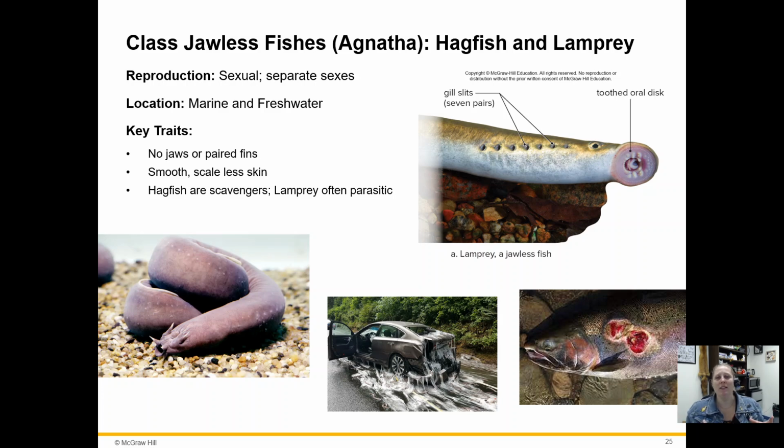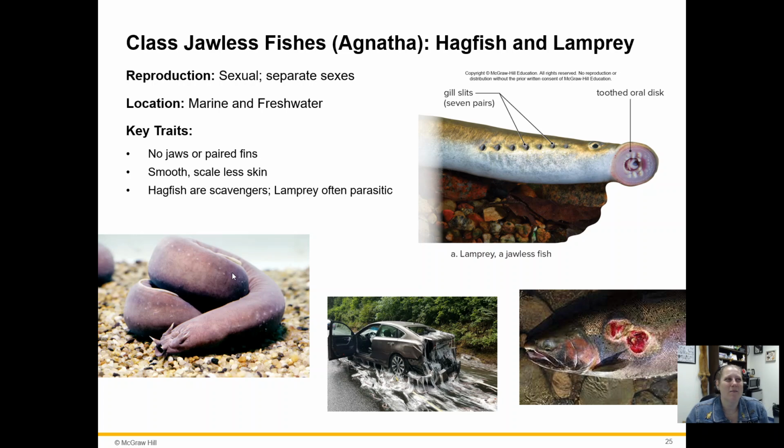When the slime encounters that seawater, it has a chemical reaction that becomes a thick, viscous mucus that ends up sticking into the gills of whatever fish bit it. A lot of times it does result in the death of that predator, because if your gills don't work, you can't breathe.